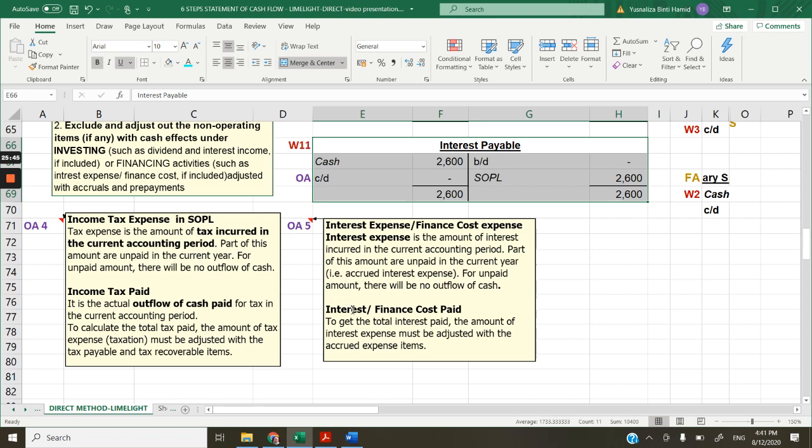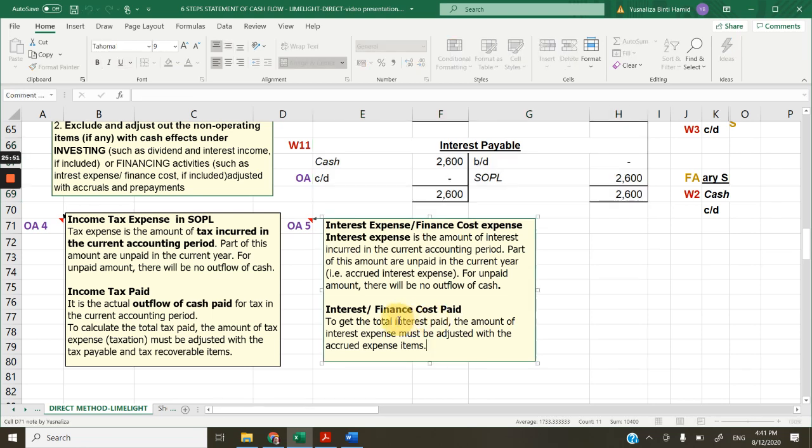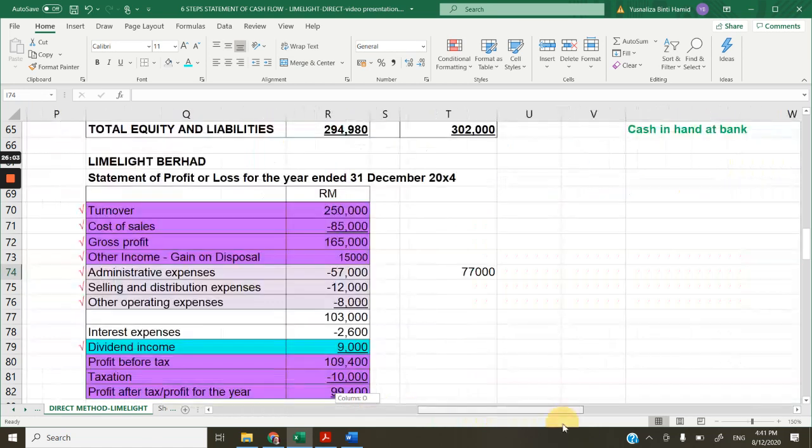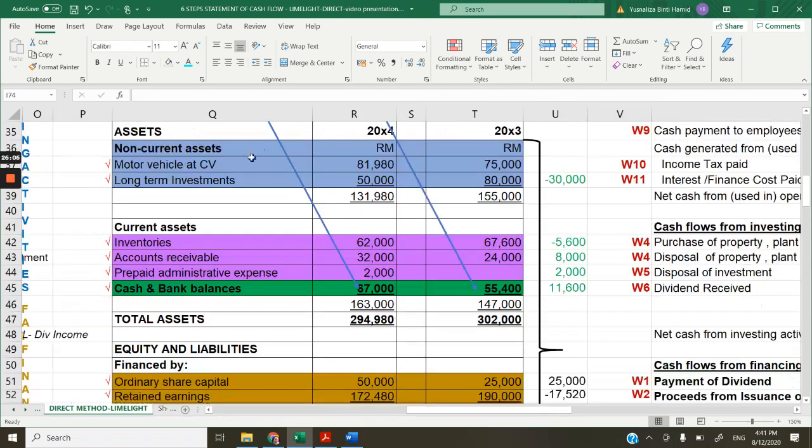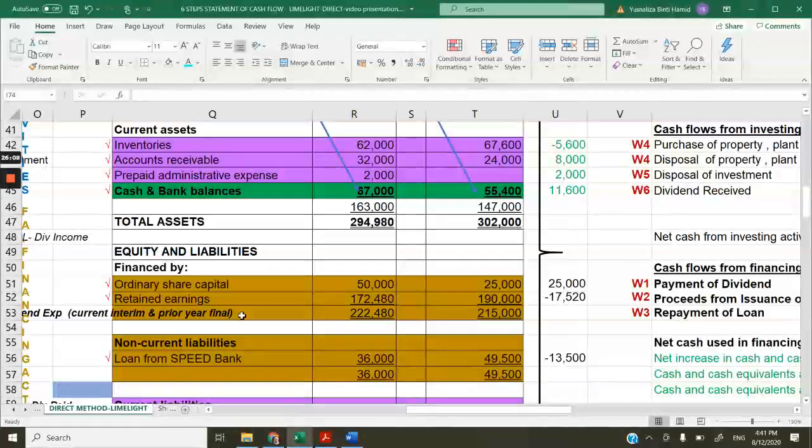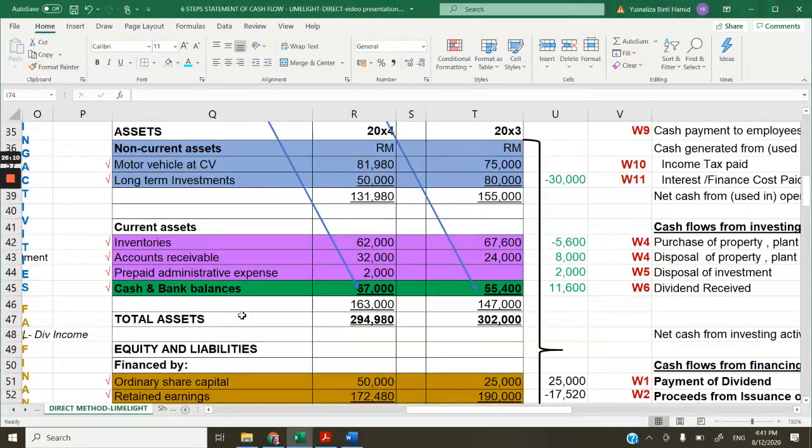But our focus here is looking at the amount that relates to the interest paid. We want to know how much is the interest paid. So we need to adjust the interest expense with the accrued expenses. So here there are no accrued interest expenses because from our statement of financial position here, there was no information on interest expenses or interest payable.